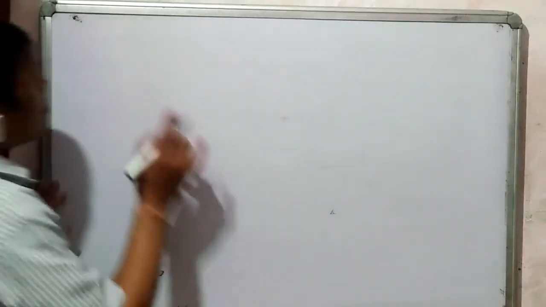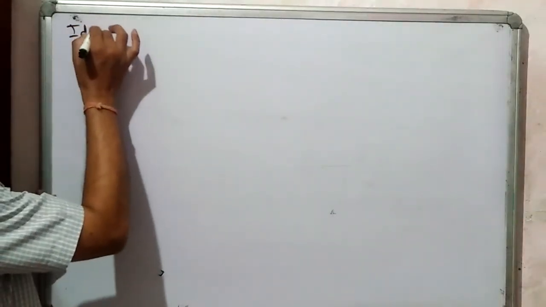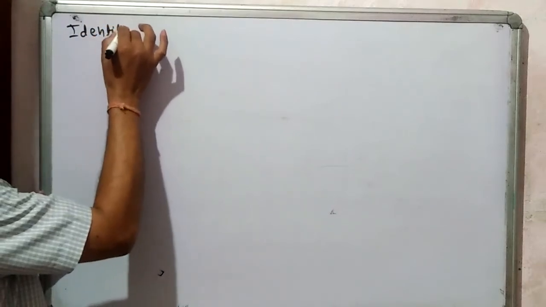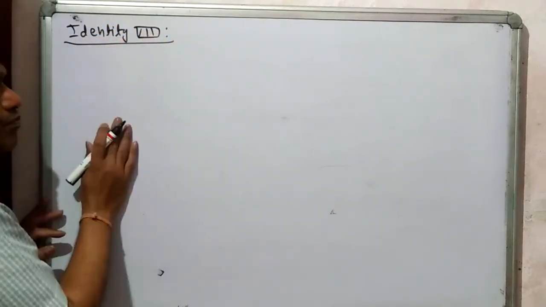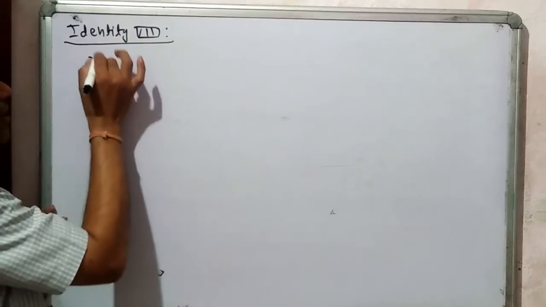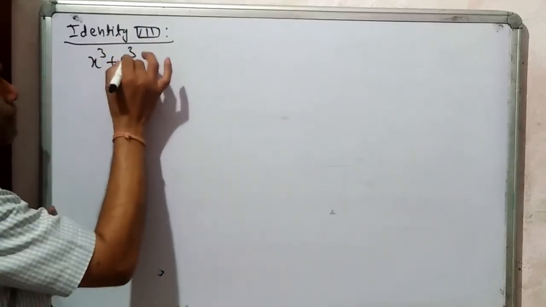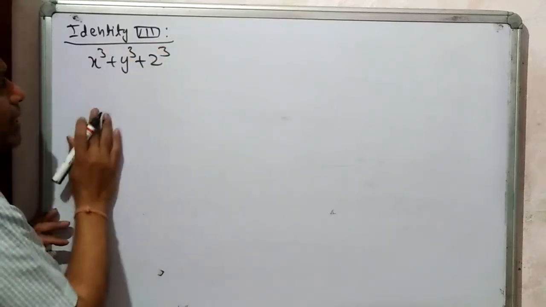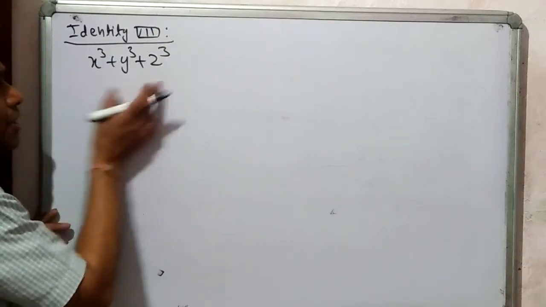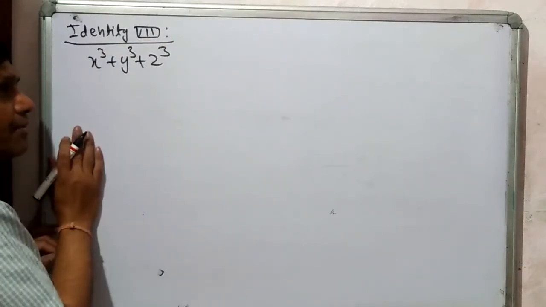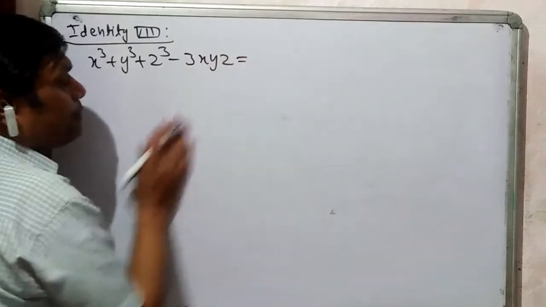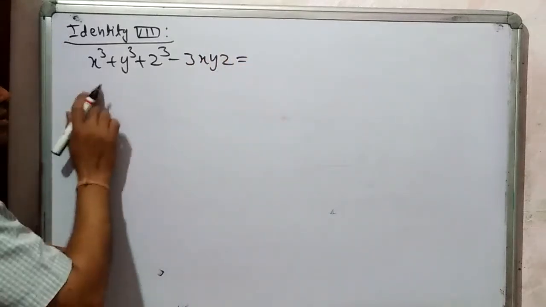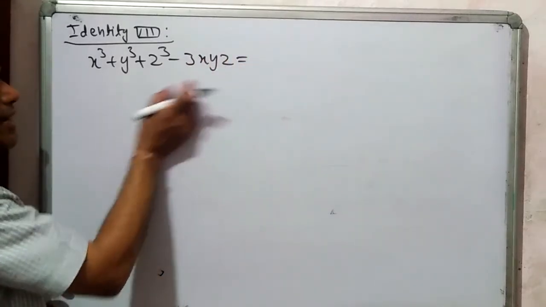Then students, we have the 8th identity. Identity number 8 is related to cubes only, but in a different manner. It says the addition of cubes of 3 independent terms subtracted by thrice their product.